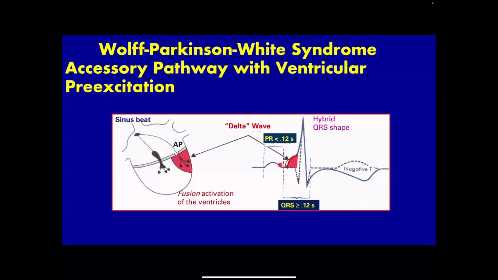The delta wave actually notches up. It doesn't dip down and go back up, okay? That's the delta wave, first thing. Second thing, the PR would be really short, less than a square maybe over here. The PR interval is really, really short. Third thing is you have a wide QRS complex, okay?